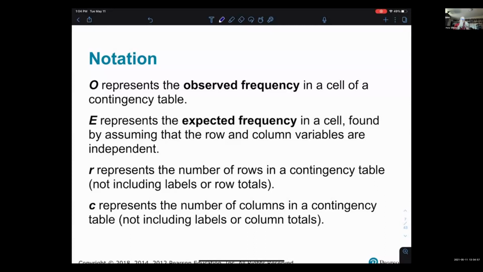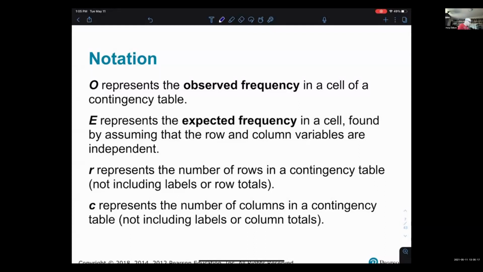And you may recall that when we're looking at how big of a difference there is between things, that's typically a chi-square distribution. We saw a chi-square distribution in 11.1, and we now will also see a chi-square distribution in 11.2 when we are comparing observed values to what we expected to see.